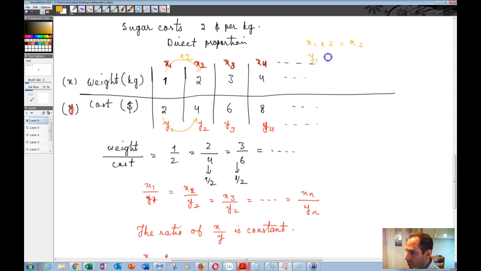Then y1 times 2 is going to be equal to y2. So that relationship also holds between these pairs of entries. So basically, in short, you can write x1 to y1 is equal to x2 to y2, and so on and so forth.